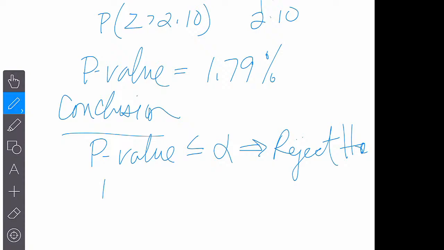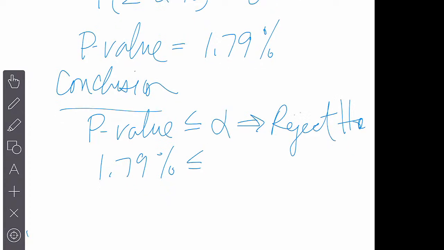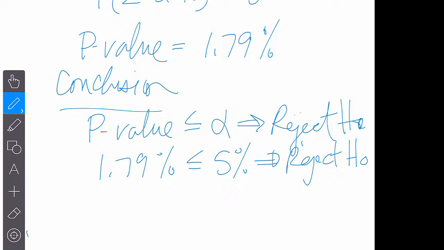The p-value is 1.79%, and it's less than the preset 5%. So we do reject H0 in this case. So what have we concluded? There is sufficient evidence to suggest that weight loss is greater than 22 pounds. In this case, we say the test is significant.